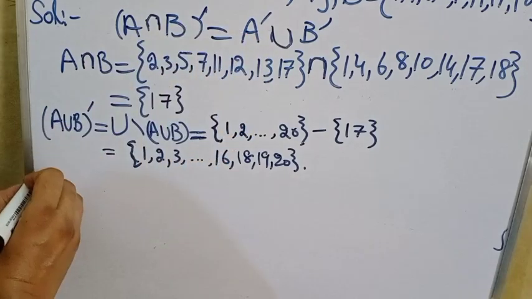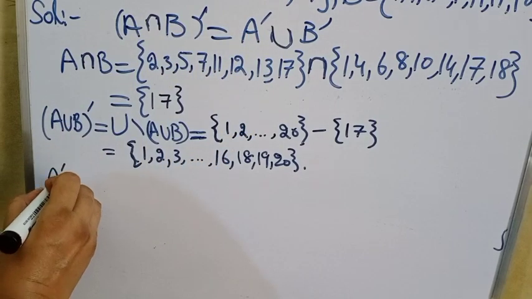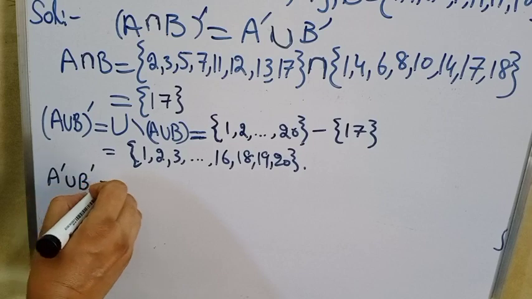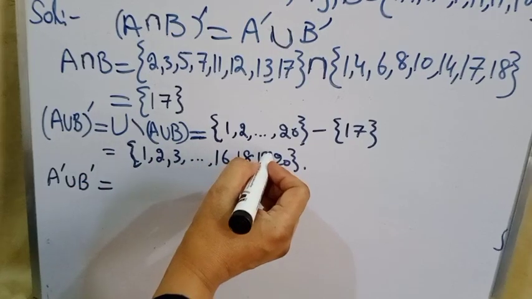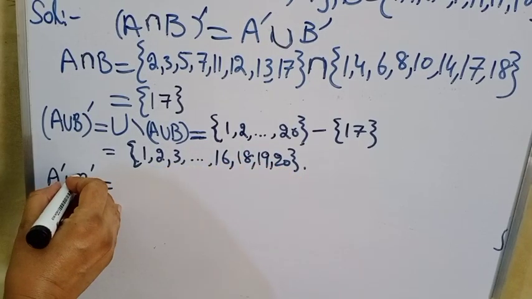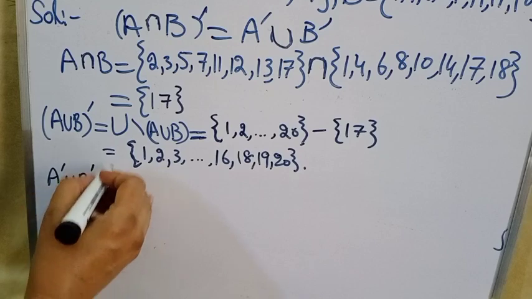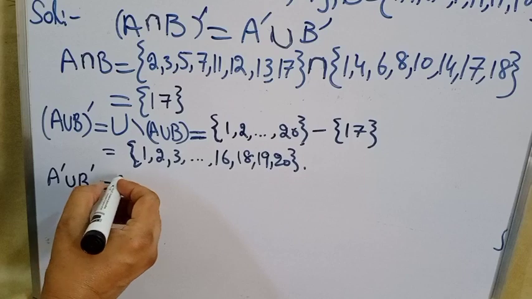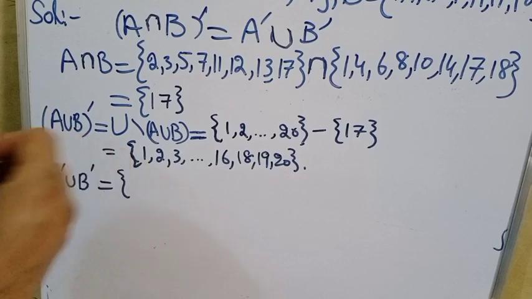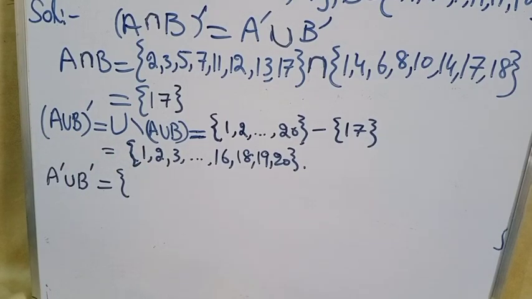Next we have to find A complement union B complement. We have already found A complement and B complement in the other part of De Morgan's law. We write them as they are in this question.